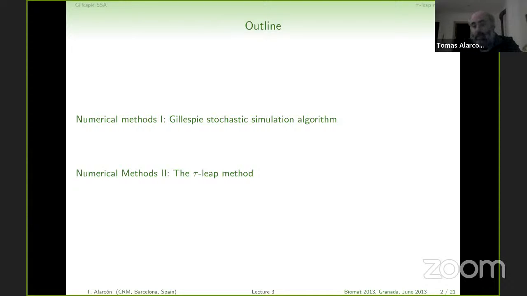In fact, they are very rarely available. So most of the time, one has to resort to numerical methods. And this is what I'm going to tell you about.